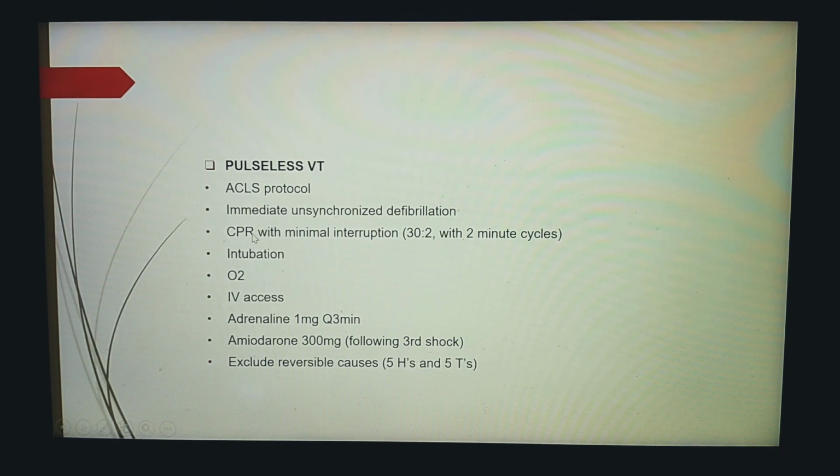We can remember by the CAB: first circulation, then airway, then ventilation. IV access, then adrenaline 1 milligram every 3 to 5 minutes. After giving three DC shocks, if there is no reversion, then we go for amiodarone 300 milligram. And side by side, we should explore the reversible causes, 5H 5Ts.